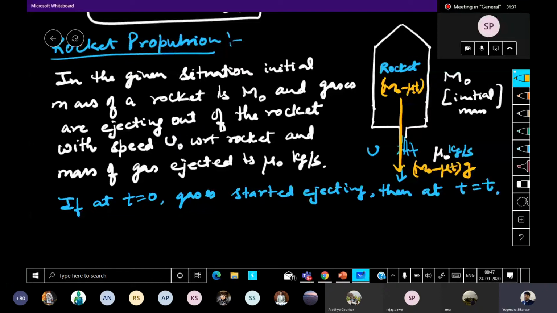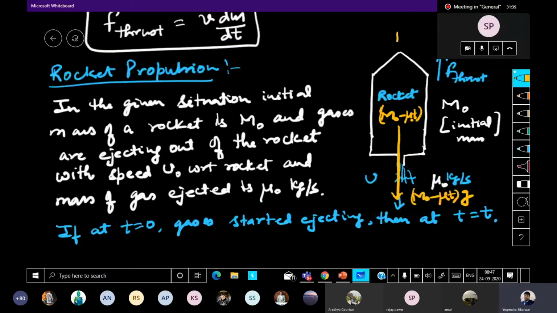How much should be F thrust? F thrust is equal to u relative, this is u naught, into dm by dt. dm by dt is nothing but mu naught, because it is kg per second.